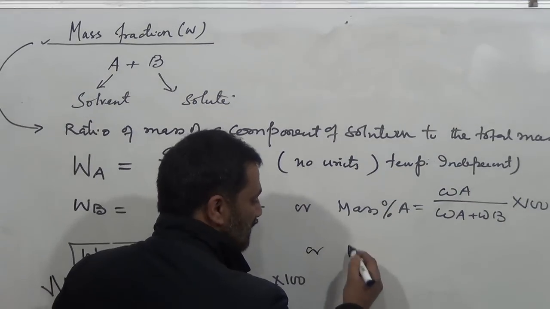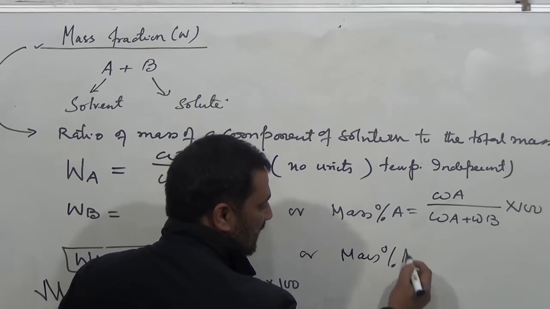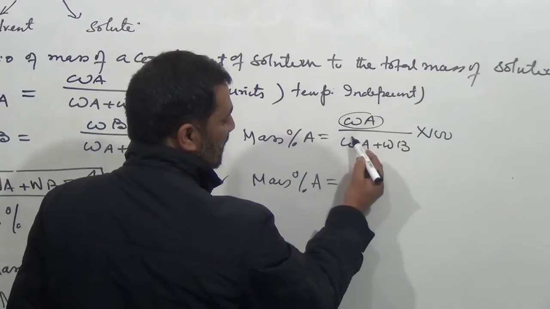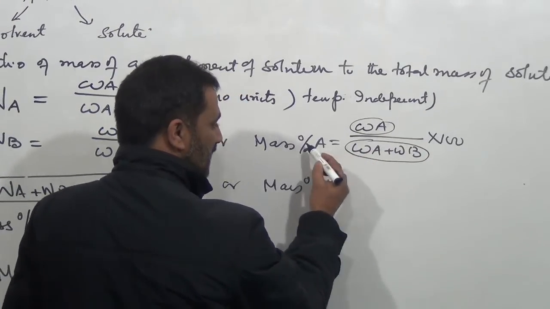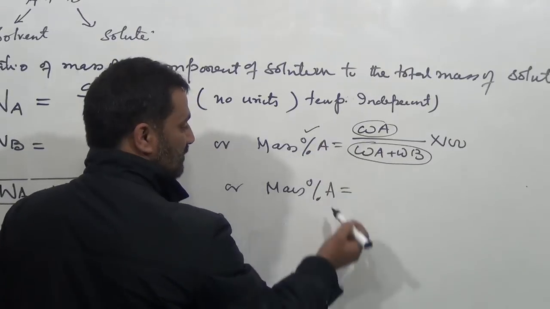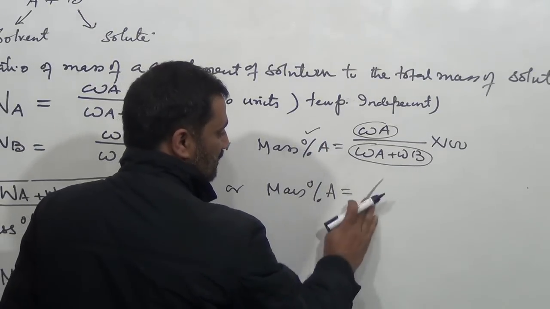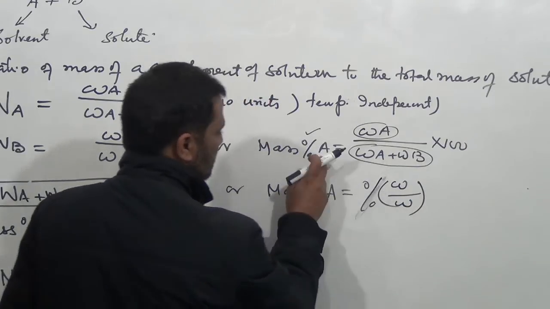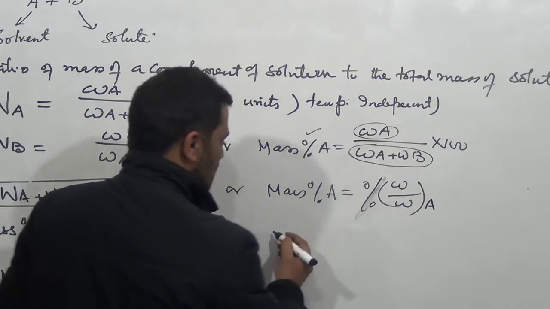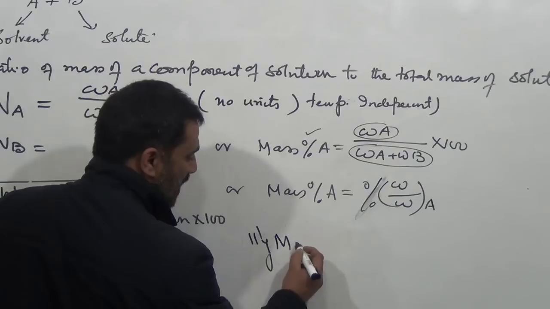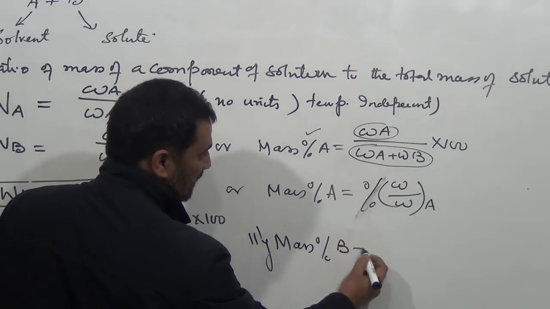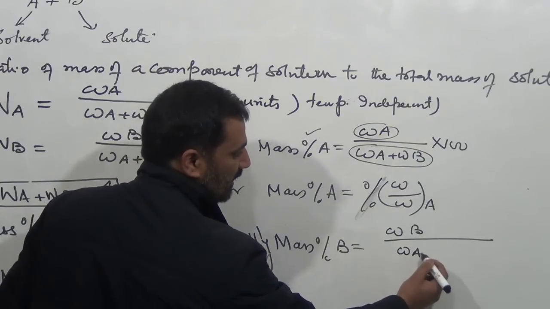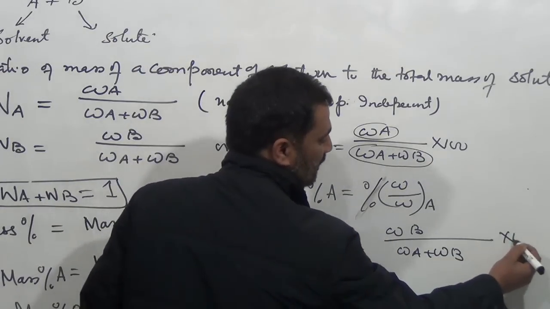Or simply mass percent of A can also be written like this: in numerator we have mass, in denominator we have mass, and we are calculating the percentage of this mass, so we can write it as percentage mass by mass of this component, that is A. Similarly, mass percent of B is equal to WB divided by WA plus WB into 100.